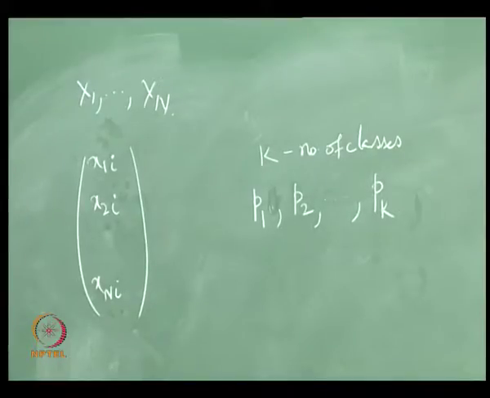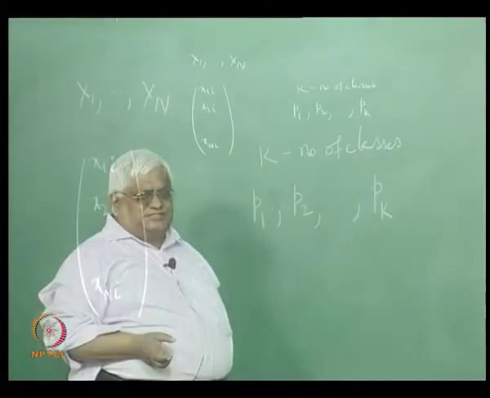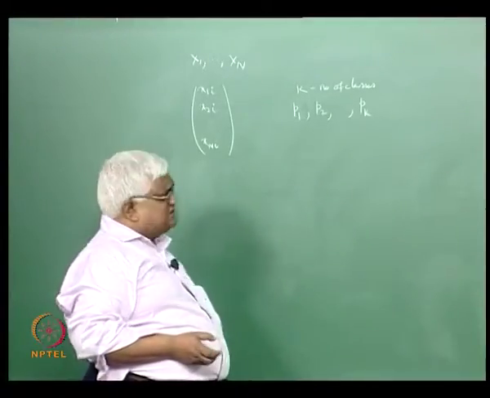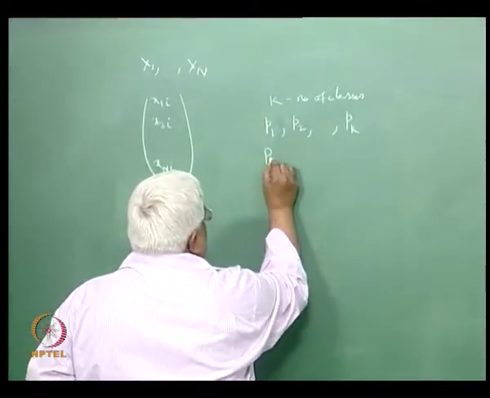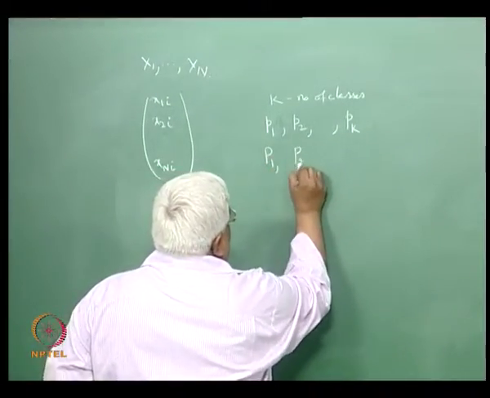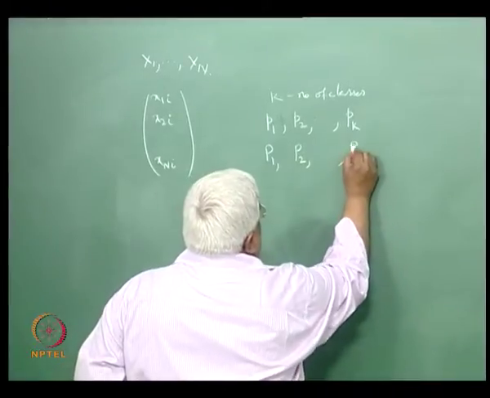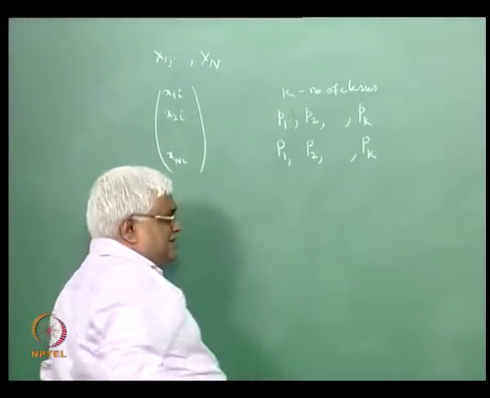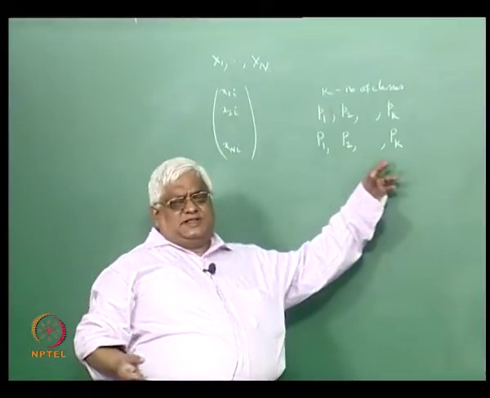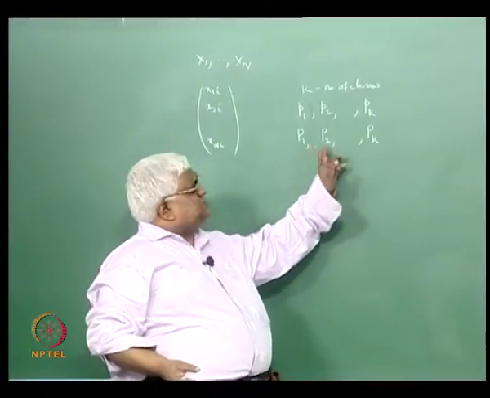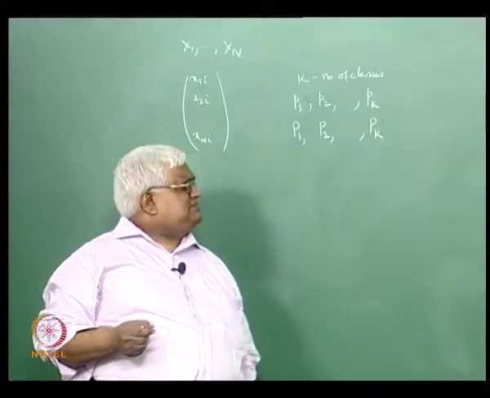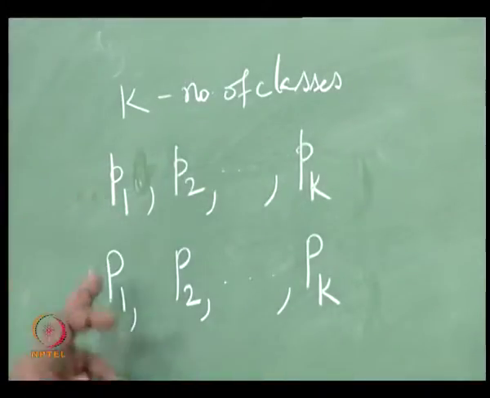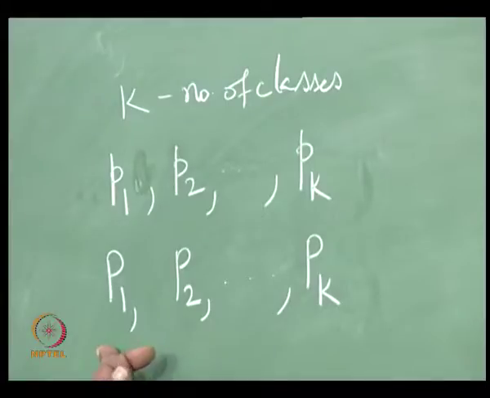So, there are k class conditional probability density functions, and let us say there are the corresponding prior probabilities p 1, p 2 up to p k. Naturally, each of them is greater than 0 and the summation is equal to 1. Let us say we know all these things.